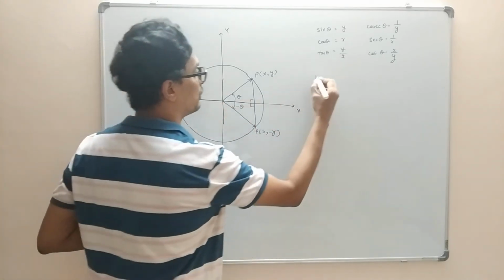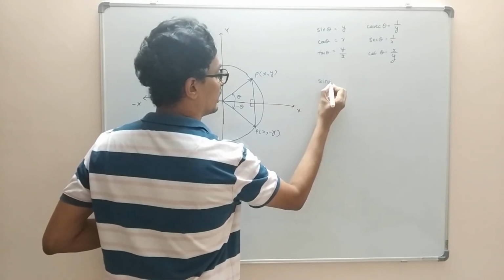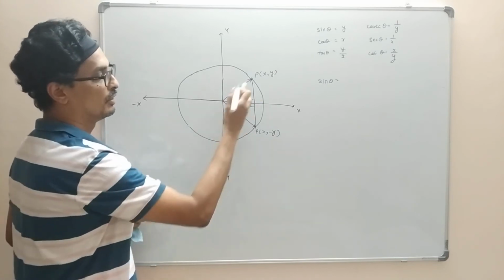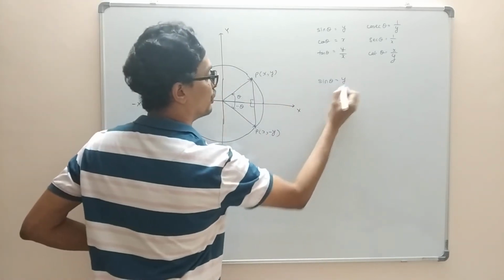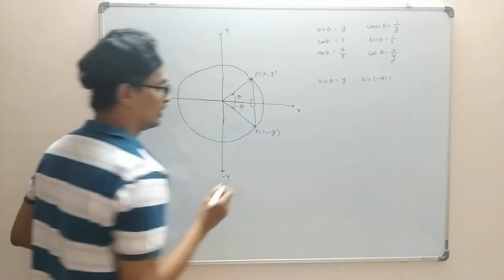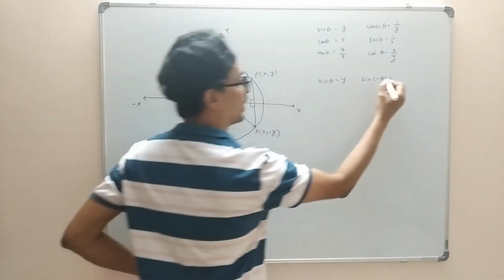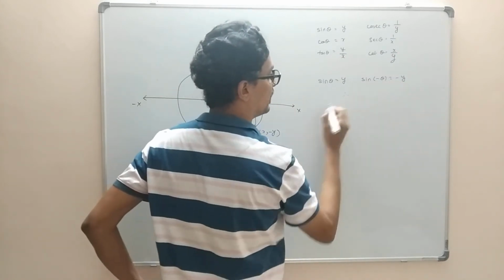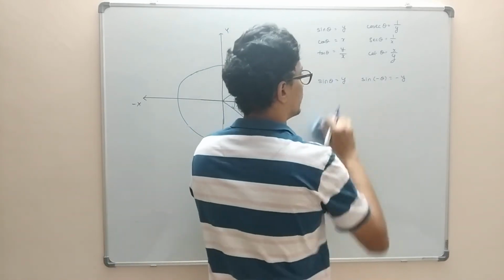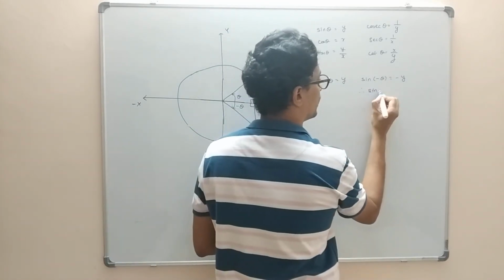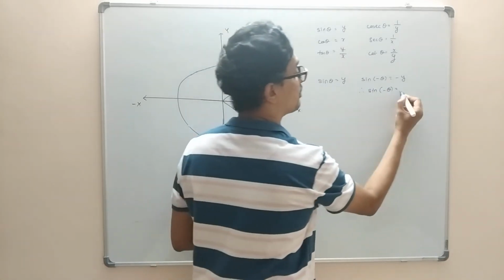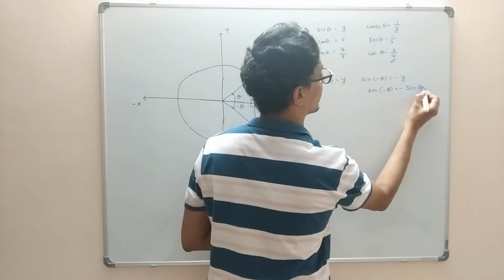Let us find sin theta. Sin theta is equal to y. What is sin of minus theta? It will be equal to minus y. Therefore, sin of minus theta equals minus sin theta.